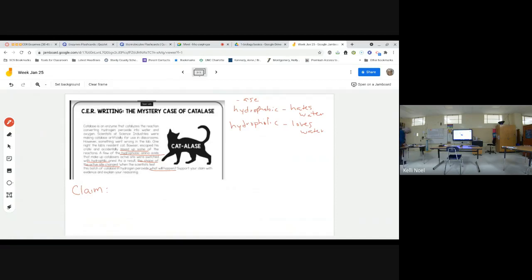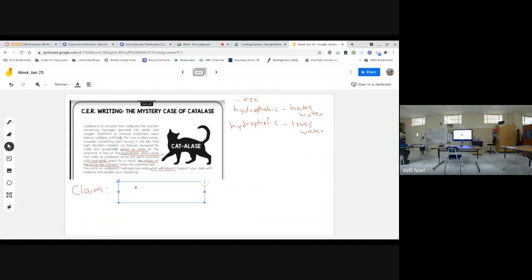Are the scientists going to get all of the hydrogen peroxide broken down? If some of the enzymes will not work, will they get all of the hydrogen peroxide broken down? No.